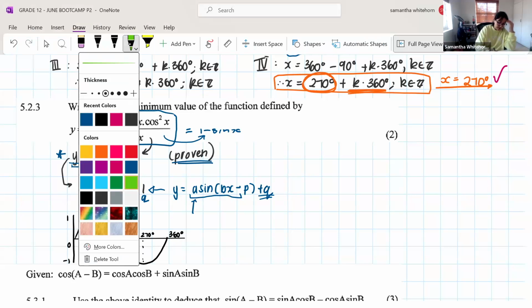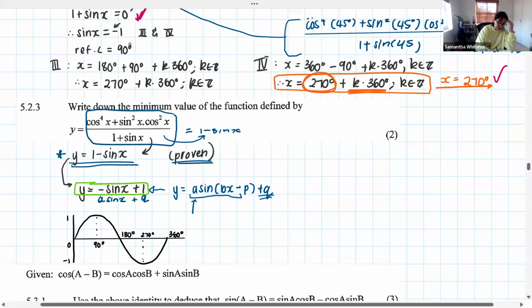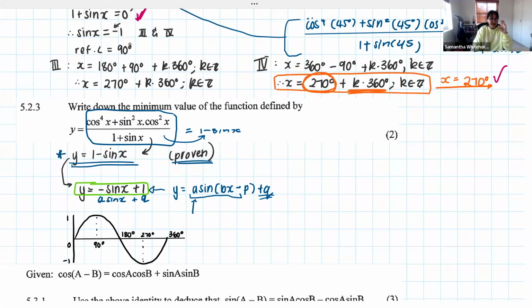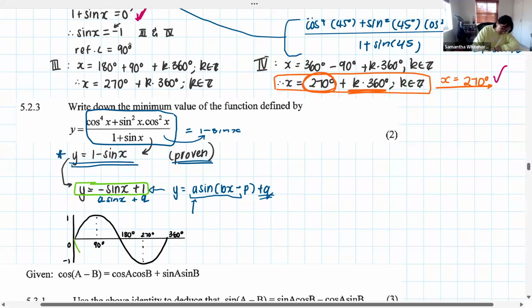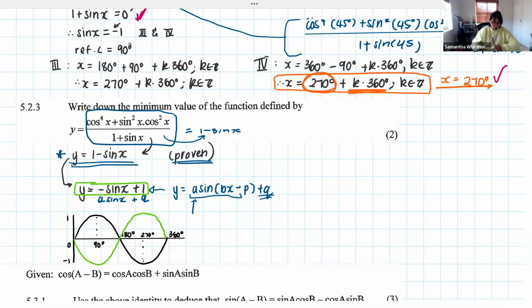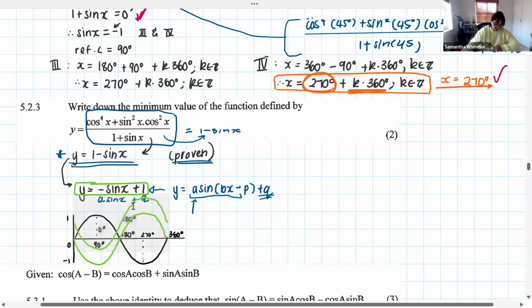So remember, I'm now looking at this situation. The first thing that happened is that a became negative. Remember, when that a becomes negative, your graph flips. So the negative is creating a sine graph that now looks like that. And the +1 means that my graph is moving up 1 unit. So this whole graph moves up 1 unit.